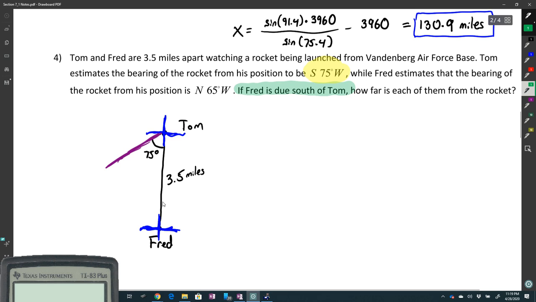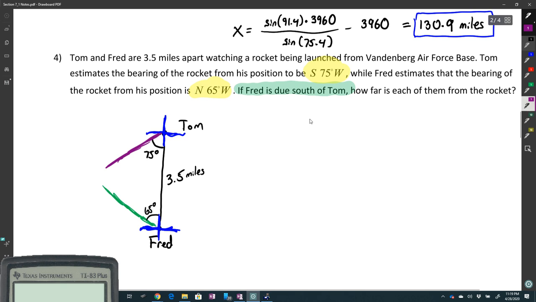For Fred, it's north and then west, so 65 degrees. Reference angles are measured from the x-axis, but whenever they give bearings, just remember they're measured from the y-axis in our textbook.